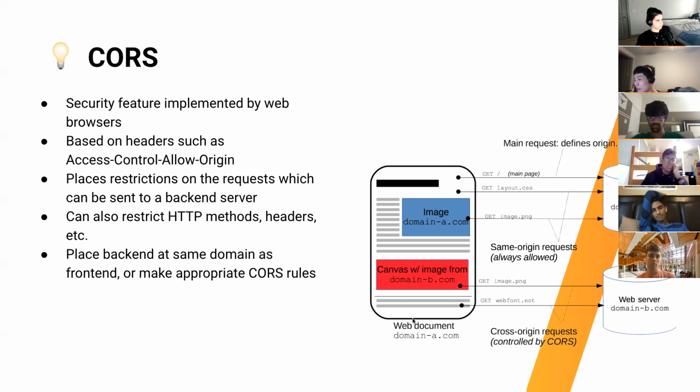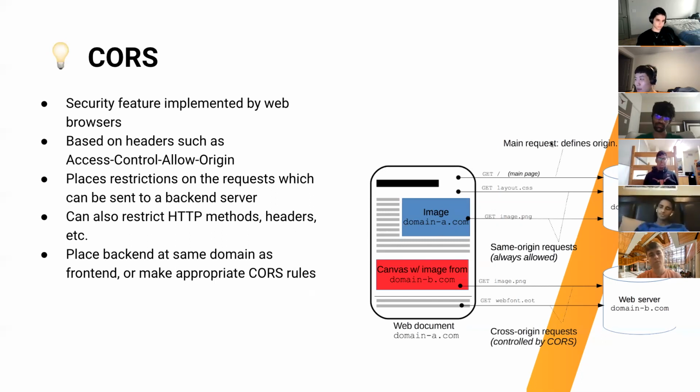Say you go to a website, which is this web document, and you get it by going to domain A. Your first get request would be to get the HTML and everything for this website.